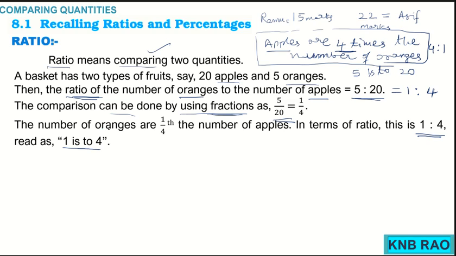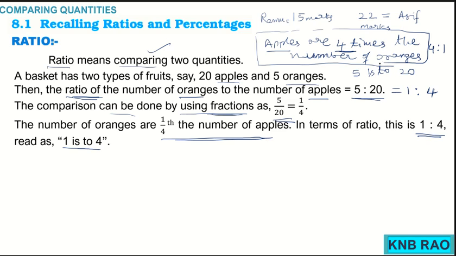The number of oranges is 1/4 the number of apples. The same thing I took to make it an easy way of comparing. Normally, we say apples are 4 times the number of oranges.